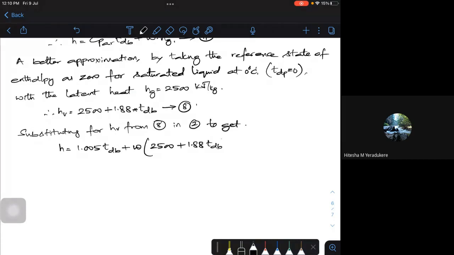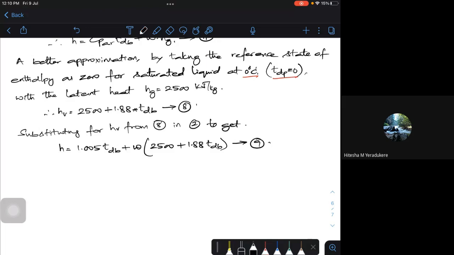I'm going to call this equation 9. So this is the enthalpy of your air, where TdB is the dry bulb temperature, and the datum state I'm now taking as 0 degrees Celsius.